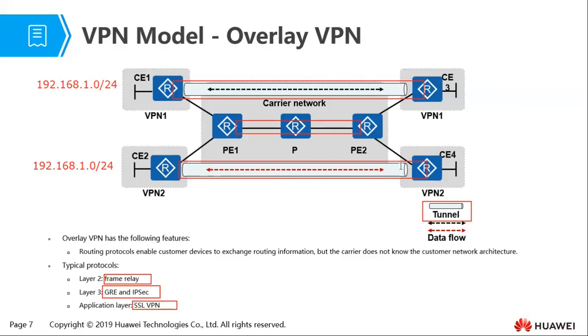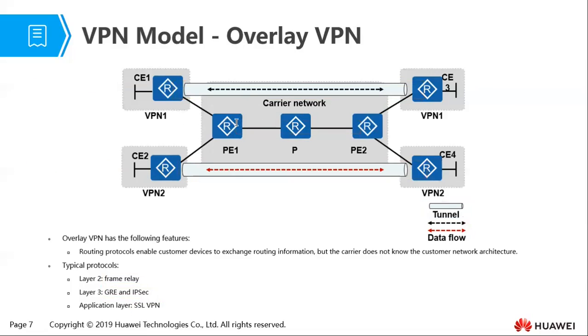If you add a new site, again, you have to manually set up a connection to that new site. So the management of this kind of VPN is quite difficult and complex.